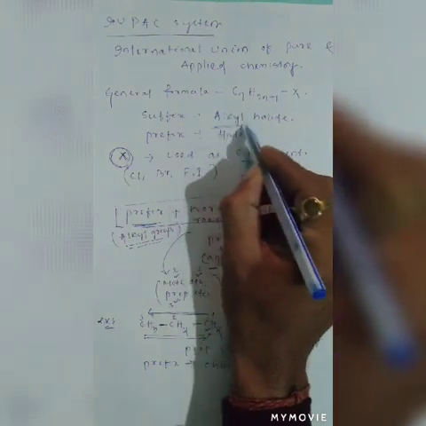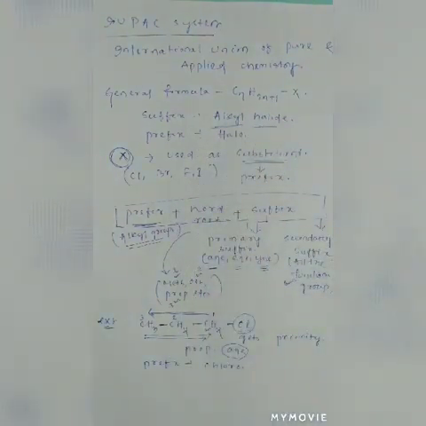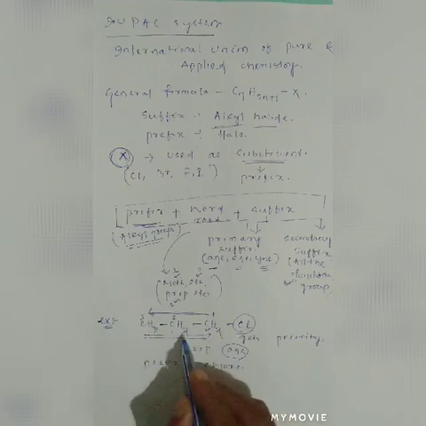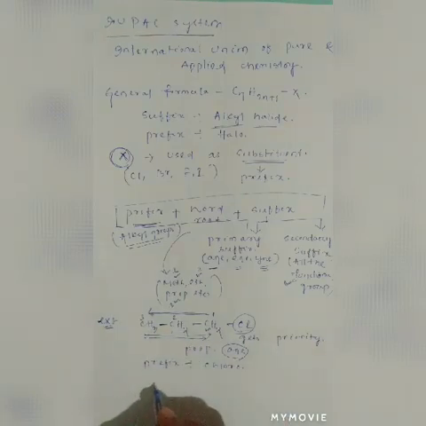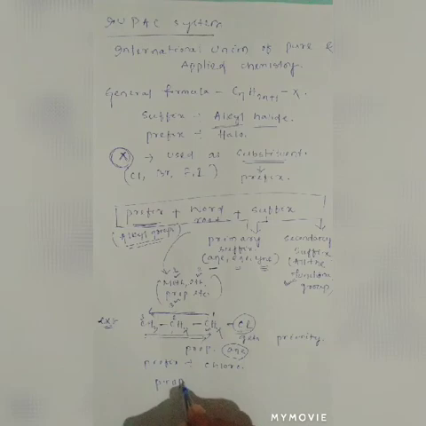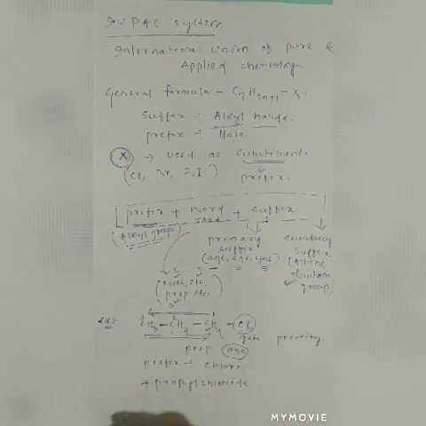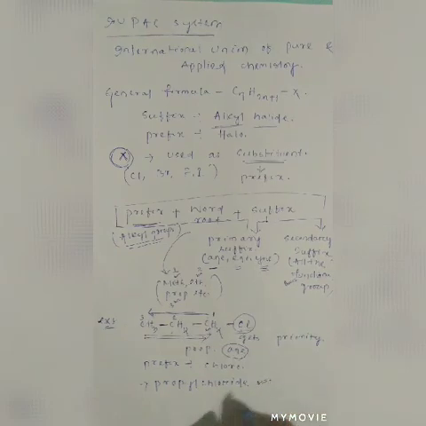Here I write that alkyl halide is named as suffix. Alkyl based on three carbon atoms is propyl, and the halogen group is named as ide: propyl chloride. You can name it using the suffix as propyl chloride.